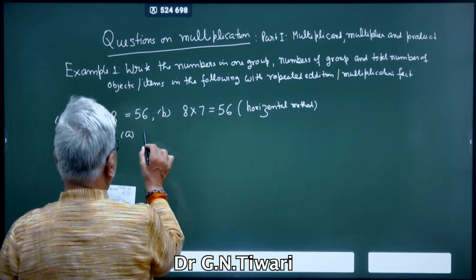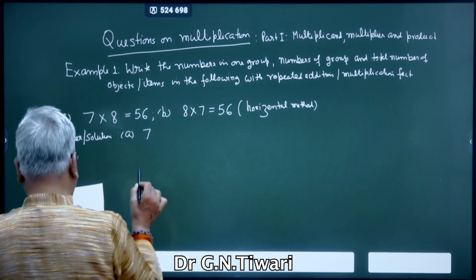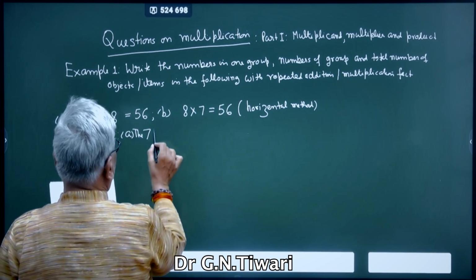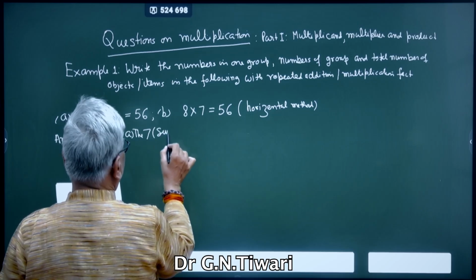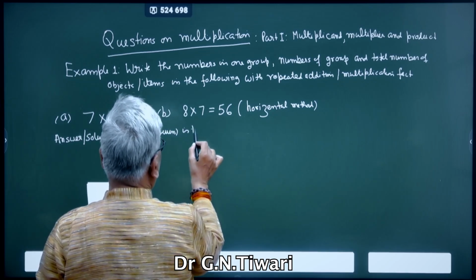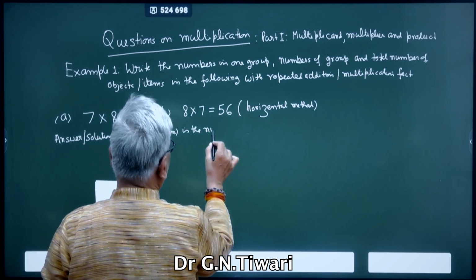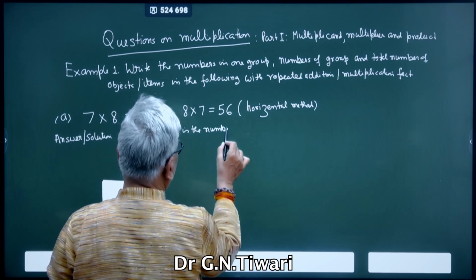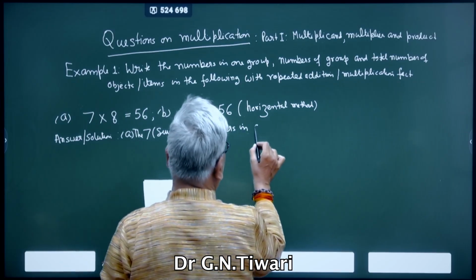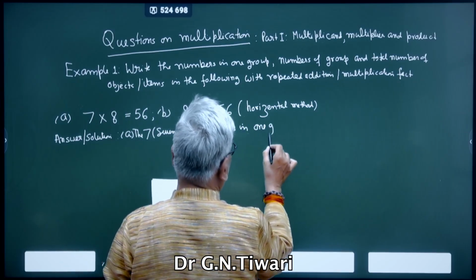So 7 is the number of objects in one group. Mentioning one group is very, very important.